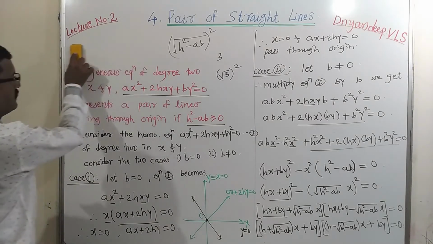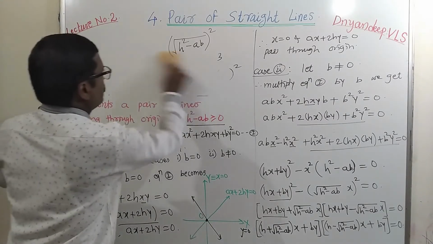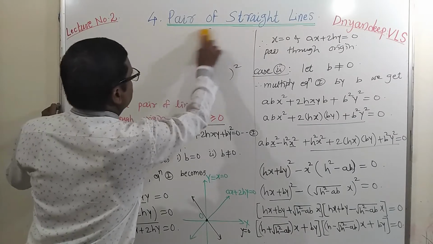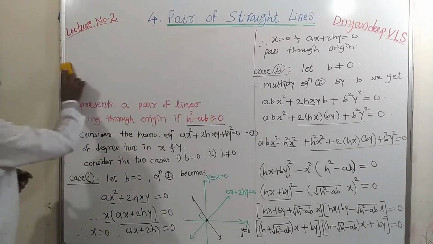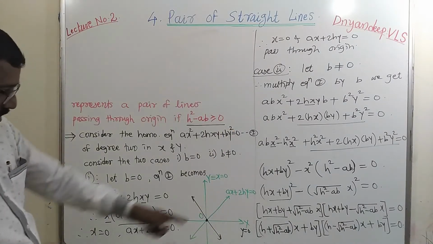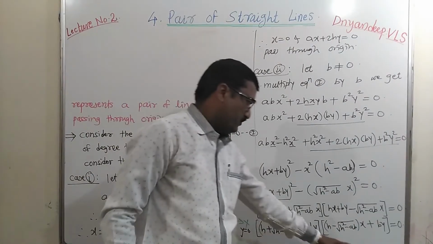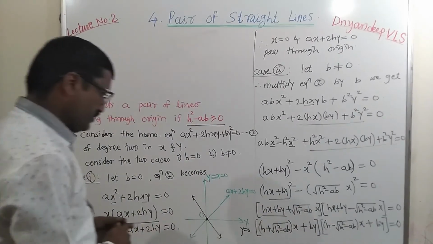So let us write the next step here. Now as the product of these two factors is 0, each factor will be 0.